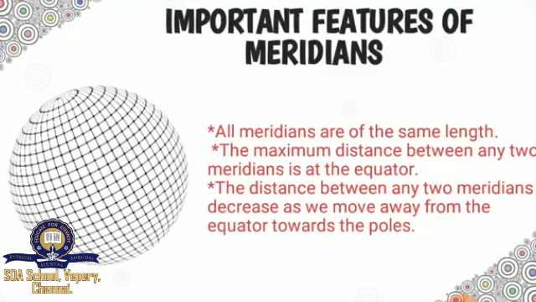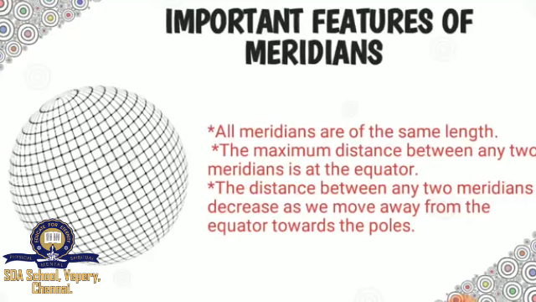The distance between any two meridians decreases as we move away from the equator towards the poles. That is, when we move away from the equator towards the pole, the distance between any two meridians, north to south, decreases.